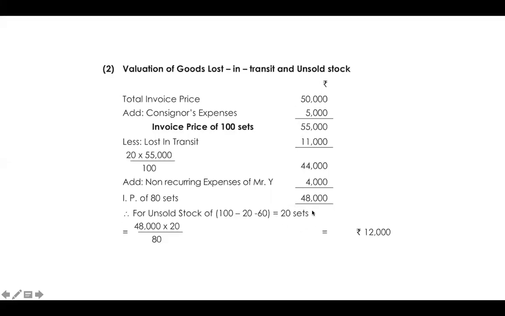If 48,000 is the value of 80 sets, what is the value of 20 sets? 20 by 80 into 48,000 gives you 12,000, which is the value of the unsold stock, 20 radio sets.